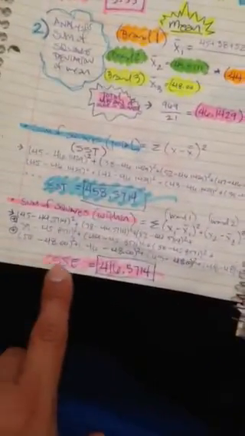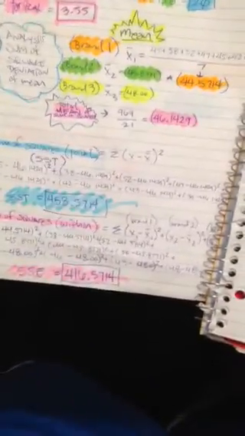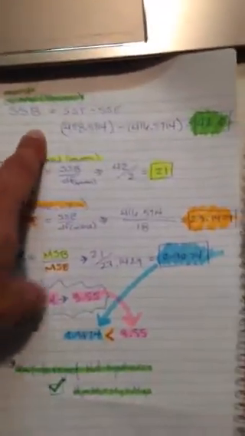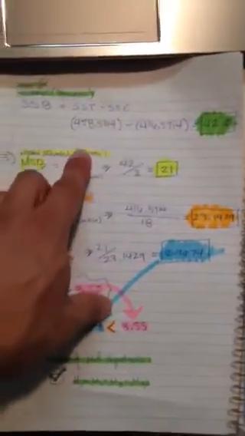And my last one corresponds to 48 even. So that will give me my SSE of 416.5714.